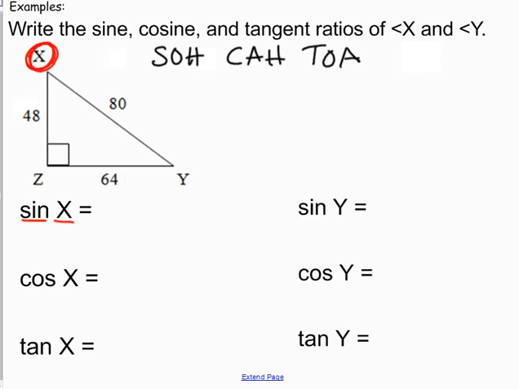The sine of x is the opposite over the hypotenuse. That's the ratio that we're going to put together. So the opposite from x is going to be 64. And the hypotenuse of this triangle is 80.